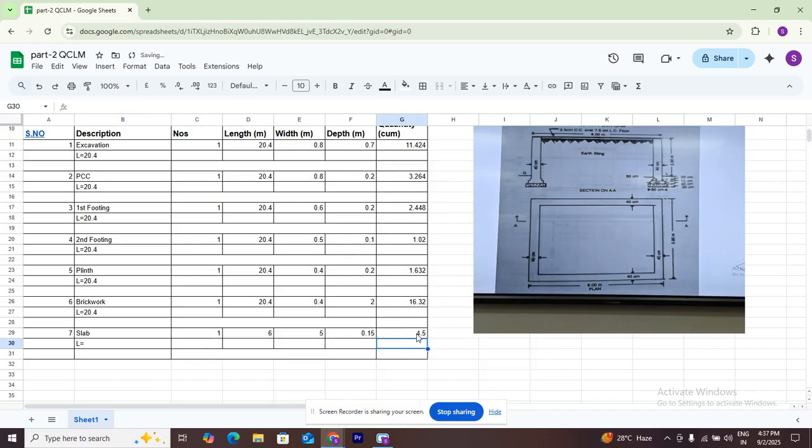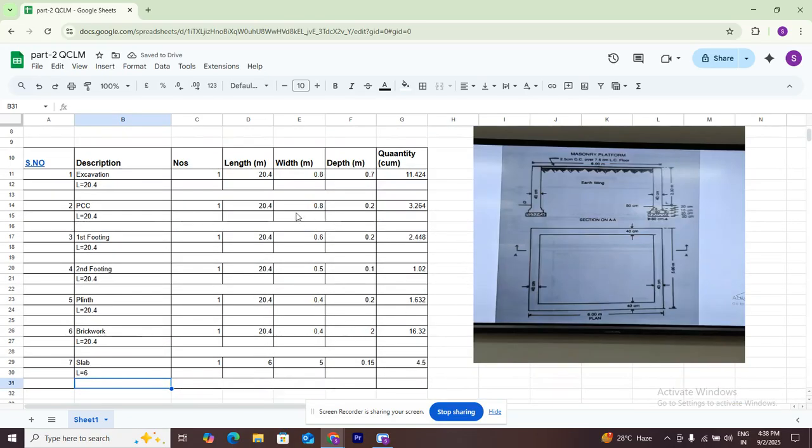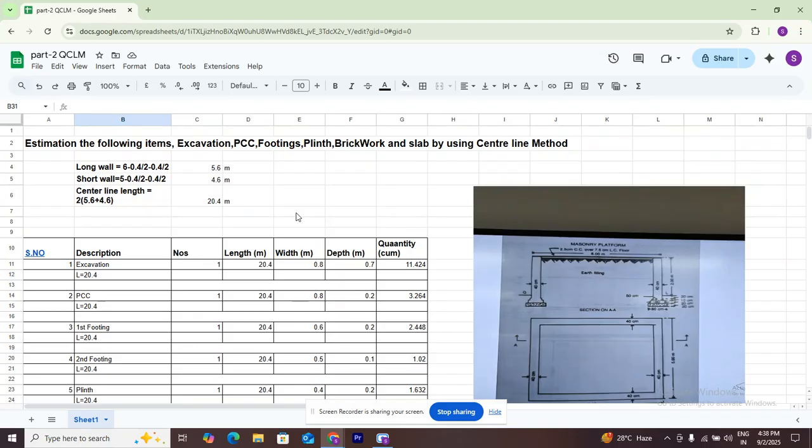So 4.5 cubic meters has come here. Okay, and this is the 6 meters one. This is the overall estimation of the excavation and various items for a one room building. If any doubt, please let me know in the comments.